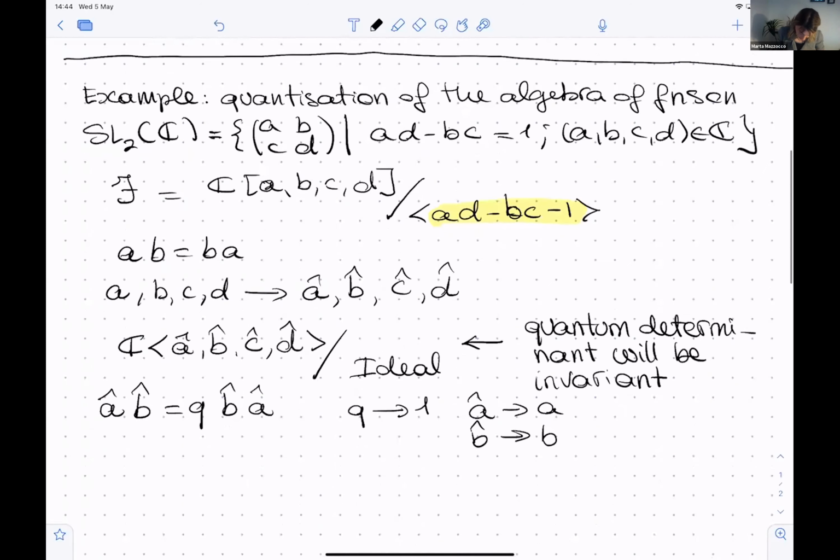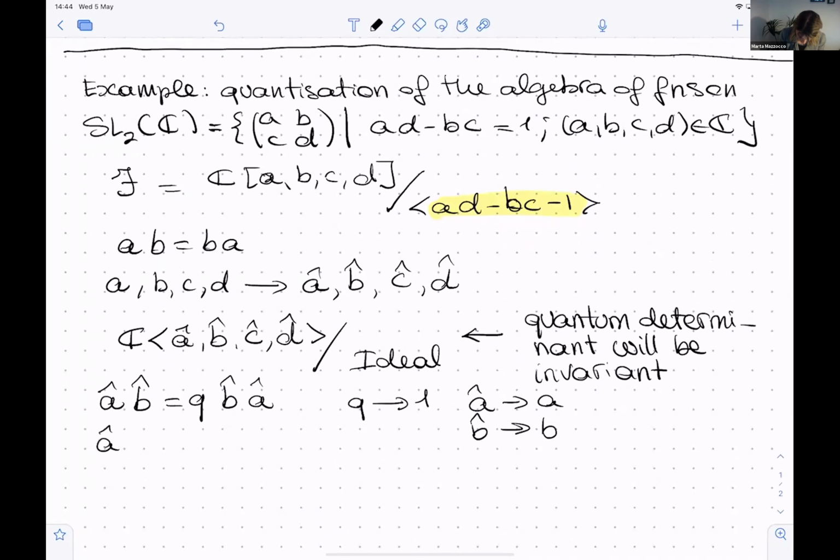Okay, then let's see how AC will go, and I'm using this expression: we see that in the determinant we have a part which is AD and a part which is BC. So somehow we put A and D together and B and C together.